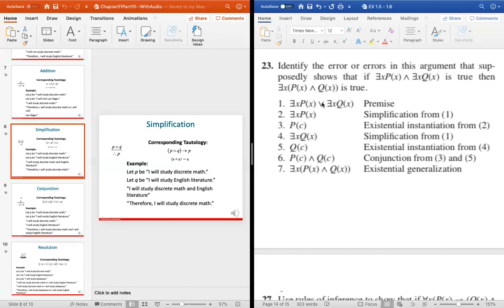Okay, so this is one of the errors. Now supposedly the answer is this, and then we are applying existential instantiation from 2.